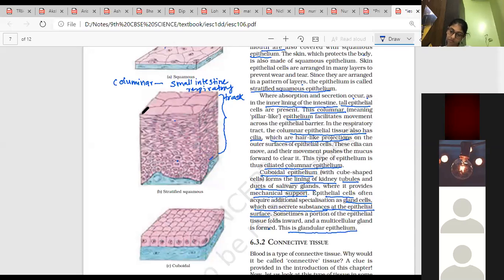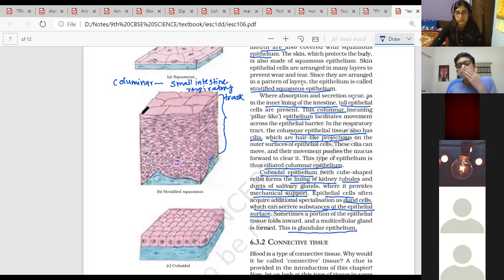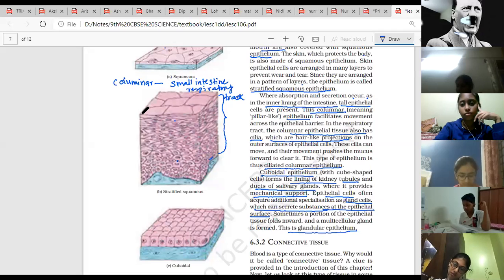The third one is loose connective tissues. In that, you have to learn two more types, adipose and areolar. So in total 8 tissues you have to learn. What are the 3 types of connective tissues?